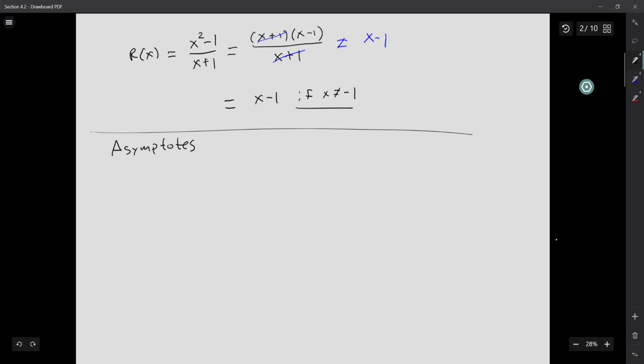Now we have two fundamental versions of asymptotes. There's actually an additional type, but it's just a generalization of one of the others. So one, we can have vertical. And these are fairly easy to spot because they always come from division by 0.